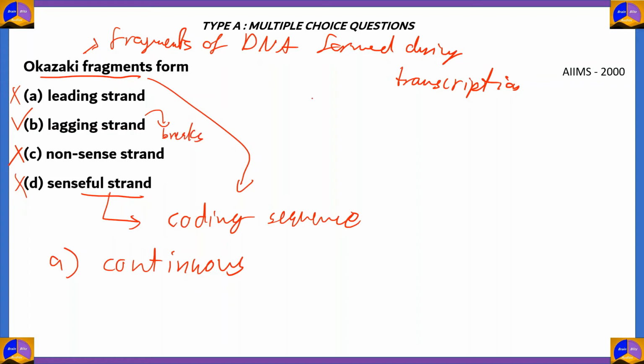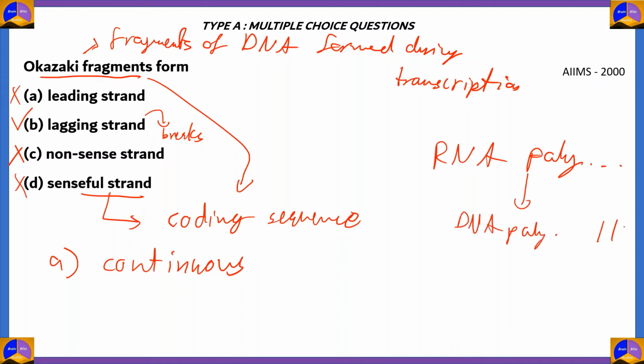Now, the reason why is that when we do transcription, an enzyme called RNA polymerase starts the reaction before it is taken over by DNA polymerase 3. So in the DNA with 3' to 5' direction, this works perfectly because the complement of 3' to 5' will be 5' to 3', and that's the direction in which DNA polymerase 3 is working.